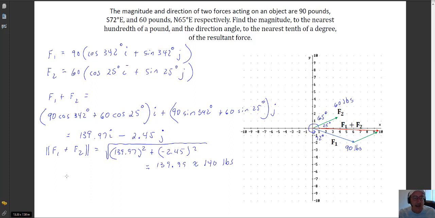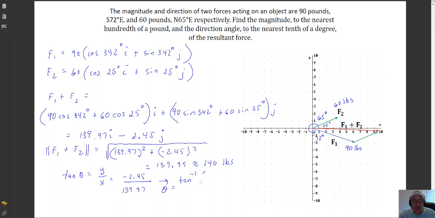So here's what we're going to do next. We're going to find the angle by taking the tangent of theta, saying that's y over x, which is still these numbers here. It's going to be negative 2.45 over 139.97. So continuing, to get the angle now, we have to undo tangent by taking the inverse tangent, the arc tangent of both sides, or what Young likes to call the angle getter.